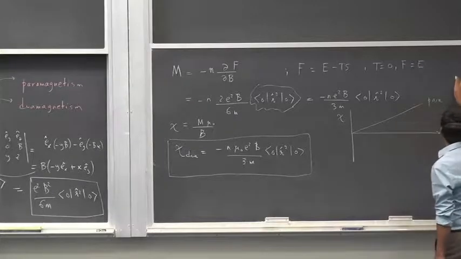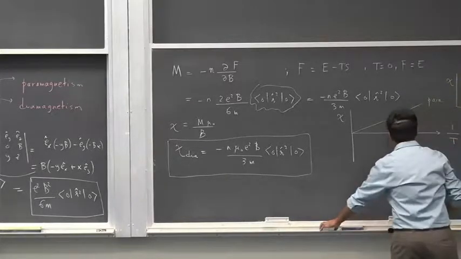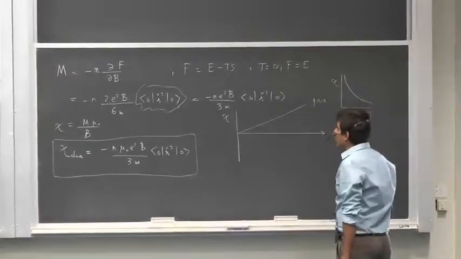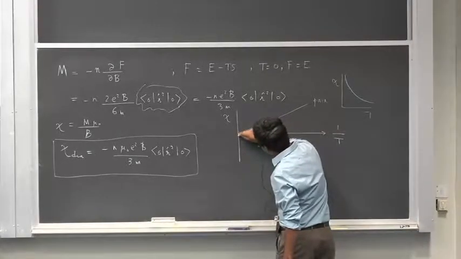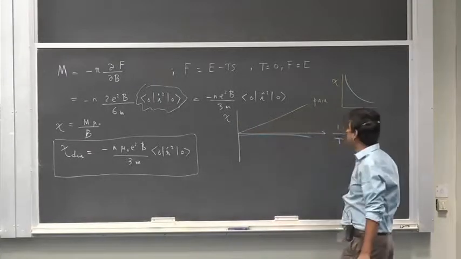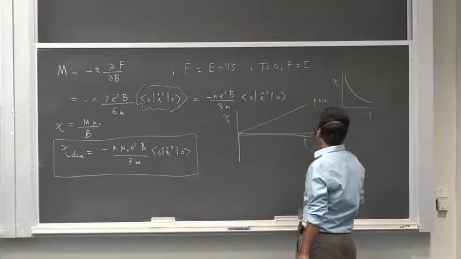Or if I were to plot chi versus T for paramagnets, the curve will look like this. Curie's law. For diamagnets, the susceptibility is negative and it's constant and a very small value. This is for diamagnets, almost constant with temperature.